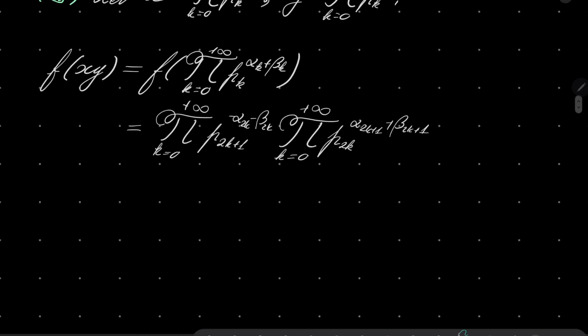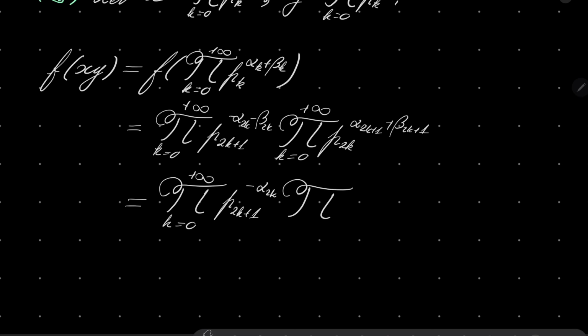Now, I wish to write my products in a different order. First I will take the product of p2k plus 1 to the power minus alpha 2k. Then I will write the product going from 0 to infinity of p2k to the power alpha 2k plus 1.